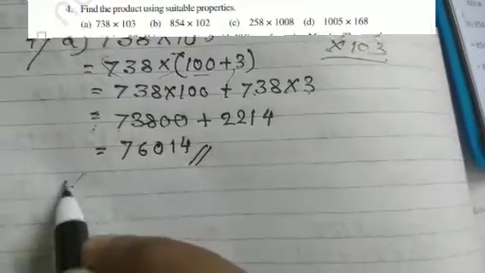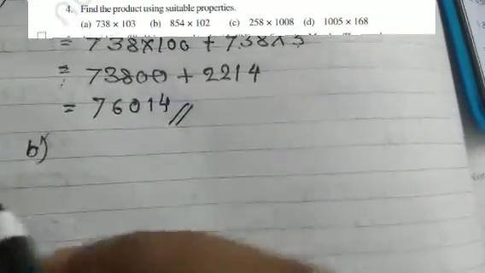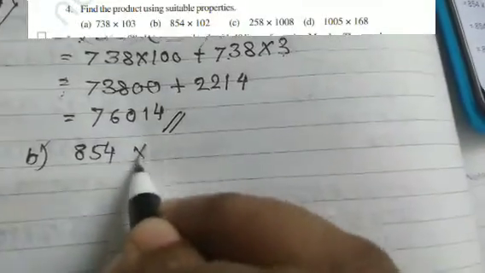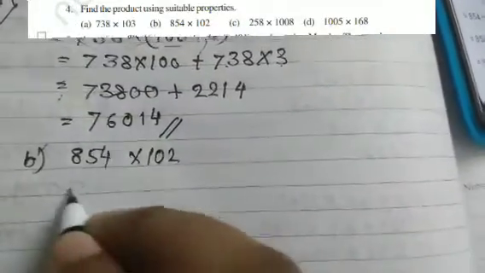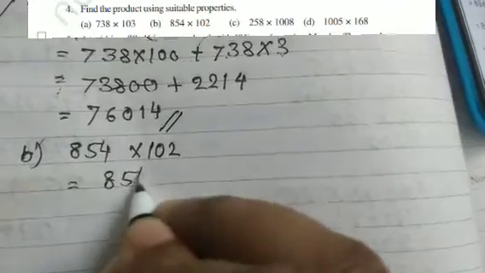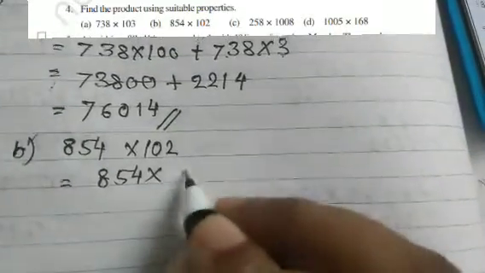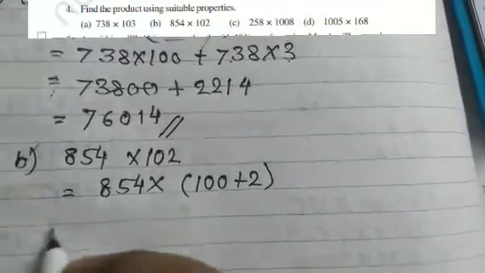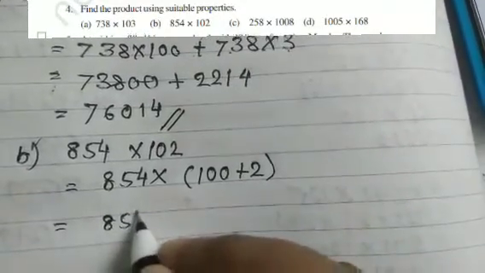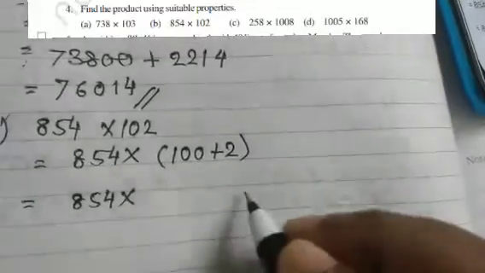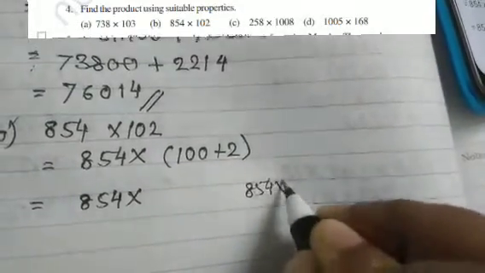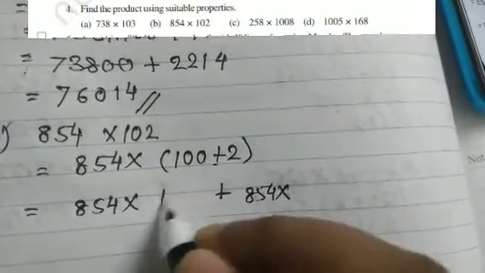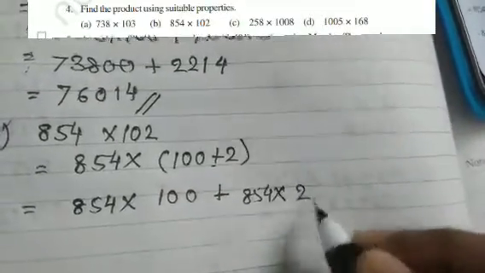So I will do one more sum that goes on with addition. So it gives the question as 854 into 102. So this can be written as 854 into 102 can be written as 100 plus 2. Now what I will do, which is common, I have written, I have given the plus symbol here, first 100 and here 2.